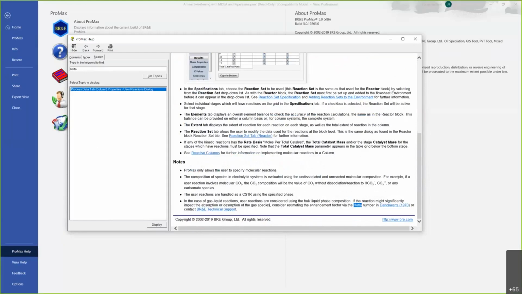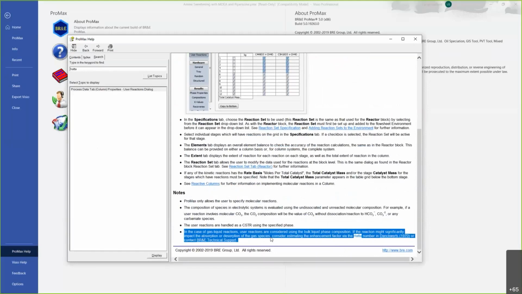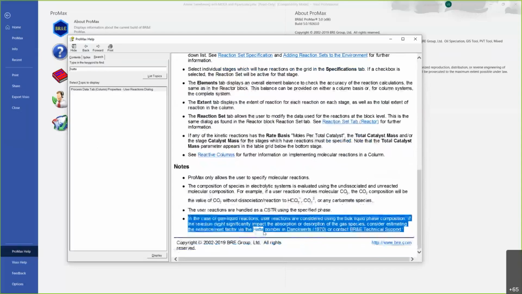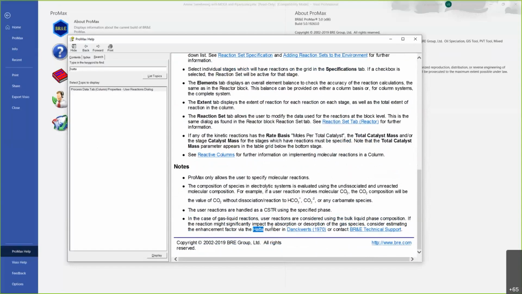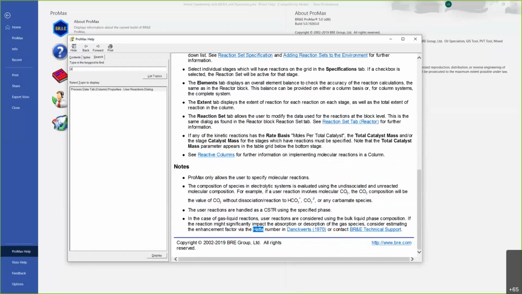And it looks like there is a little bit of information about what we're doing. So we've got this note down here. We say in the case of gas-liquid reactions, if your reactions are considered using bulk liquid phase, consider estimating the enhancement factor via the HADA number. And then let's try searching for enhancement factor. Sorry to go off in the weeds here, but maybe you'll find it useful to see how I would approach looking for something I'm not totally sure of what the answer is.